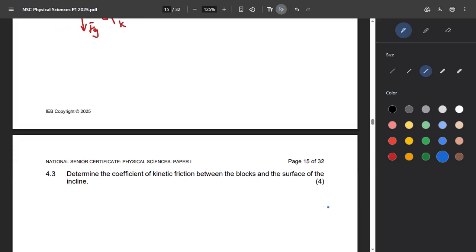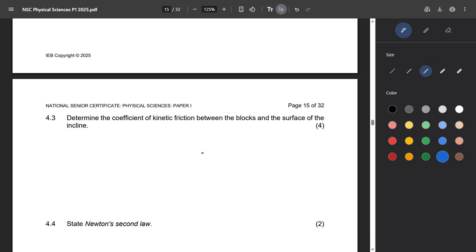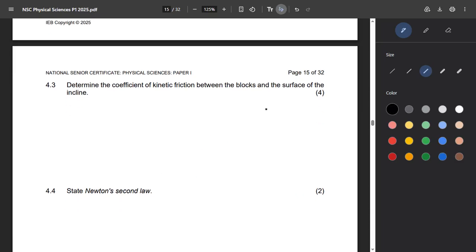Okay, next question. They want us to determine the coefficient of kinetic friction between the block and the surface of the incline. For the coefficient of friction, we can use A or we can use B. They'll have the same coefficient of friction.